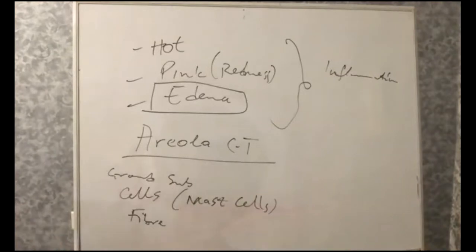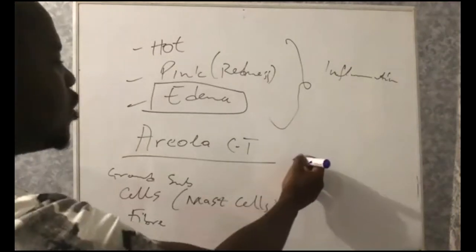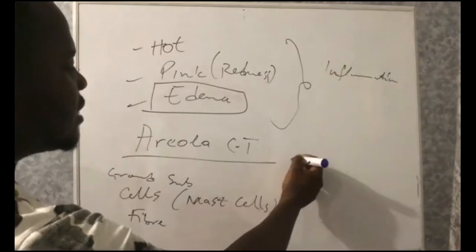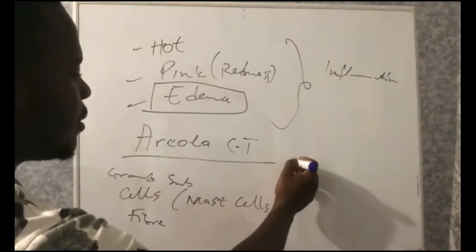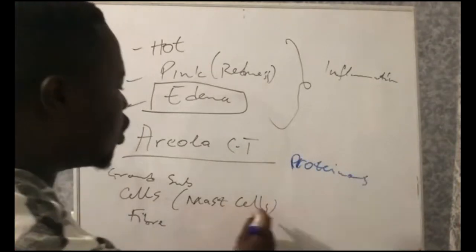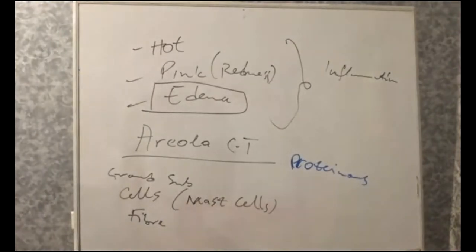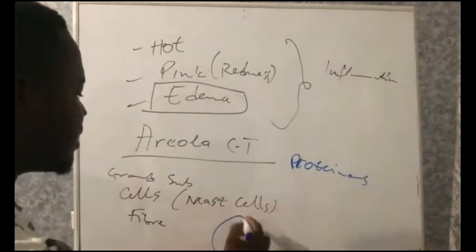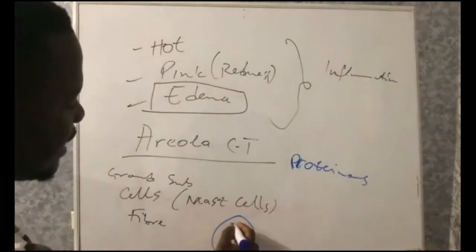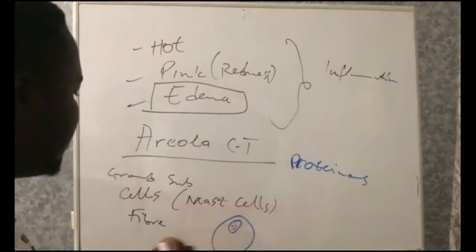When the bee bit the person, it introduced some proteinous substance, which will directly stimulate the mast cell. The mast cell is an immune cell containing granules, and these granules have histamine in them.